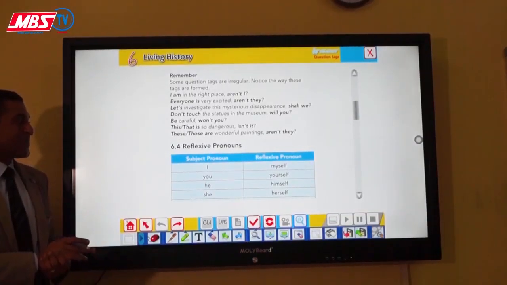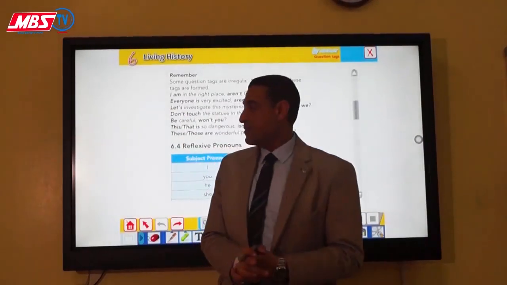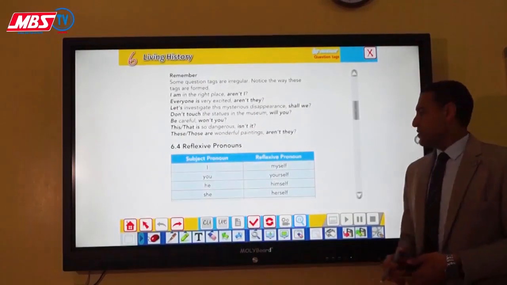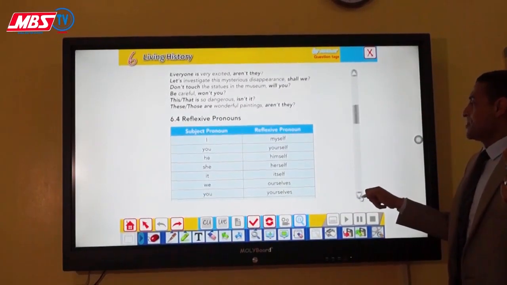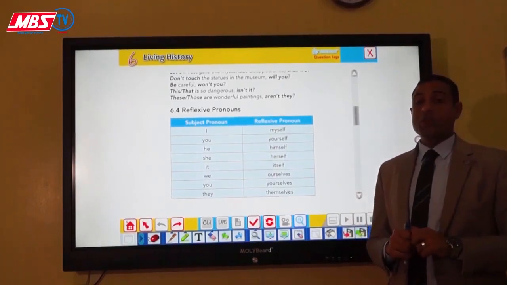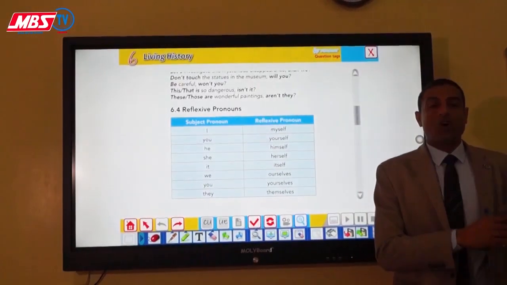Another part is reflexive pronouns. Why do you use reflexive pronouns? For two reasons. The first one is to show that the subject of the sentence is the same as the object.